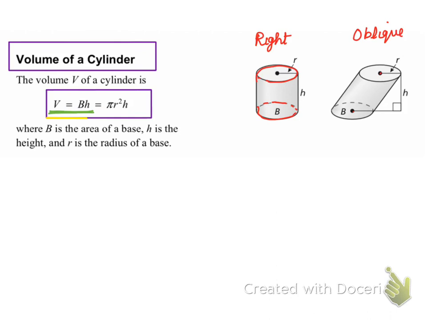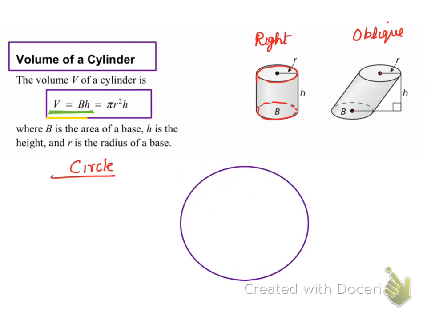But the bases are circles, and you need to know the circle's area that you already did in your previous sections. If your circle is like this and you know the center is here and you know the radius, so if this is the radius and you're supposed to find the area of this circle, the area is supposed to be what?